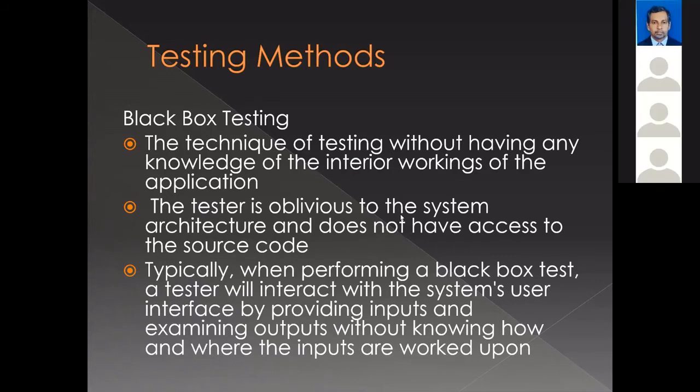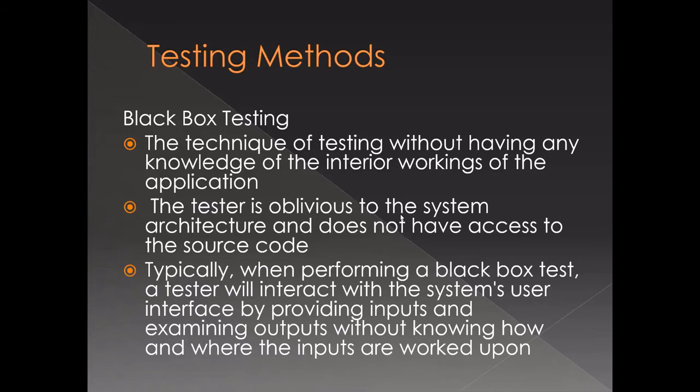Not that the tester is unbiased. We can't really see what is inside. So when something is called a black box, it means we can't see what is inside. Here the tester, when he tests the program, doesn't know whether there are loops or what the algorithm is, whether there are if then else conditions.